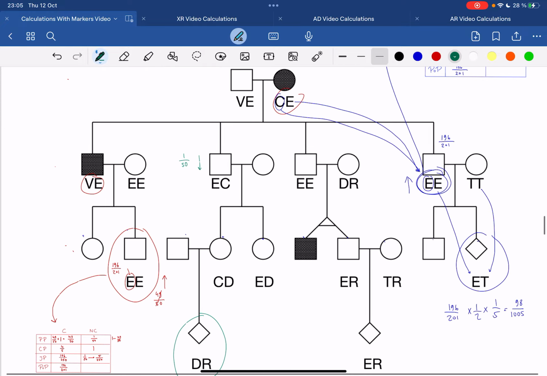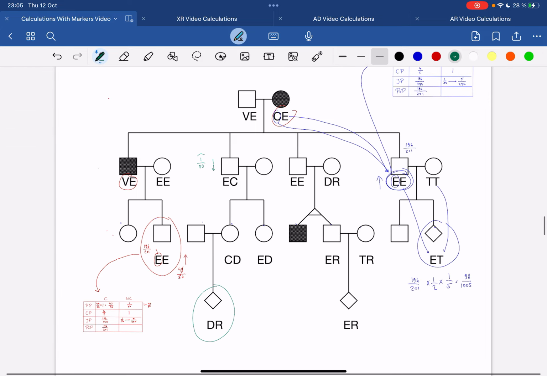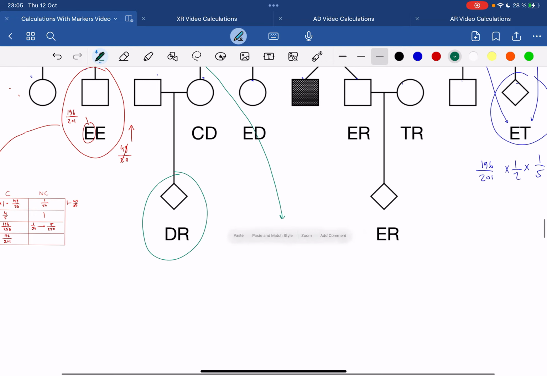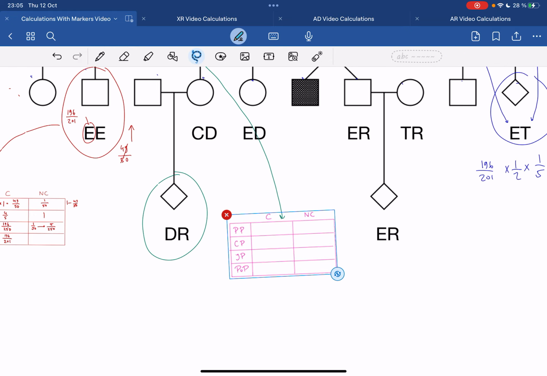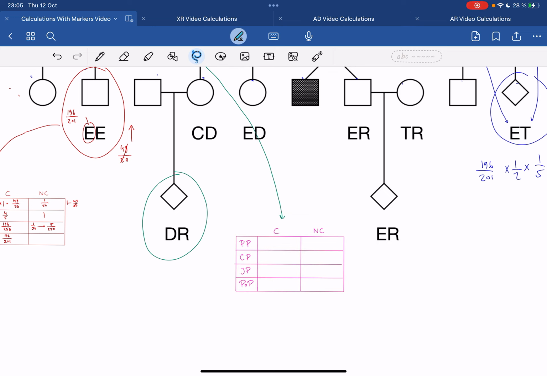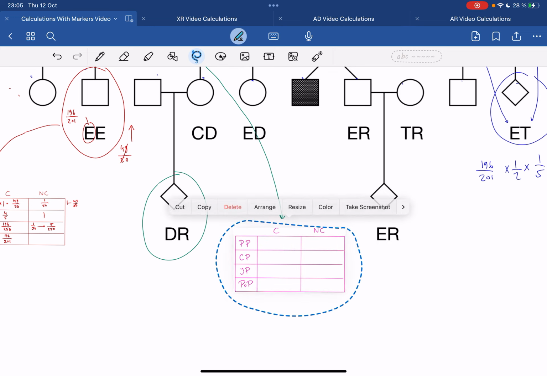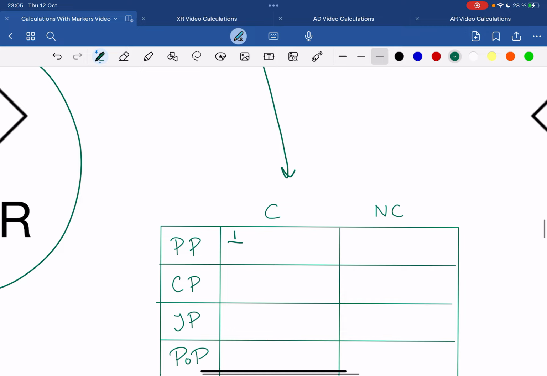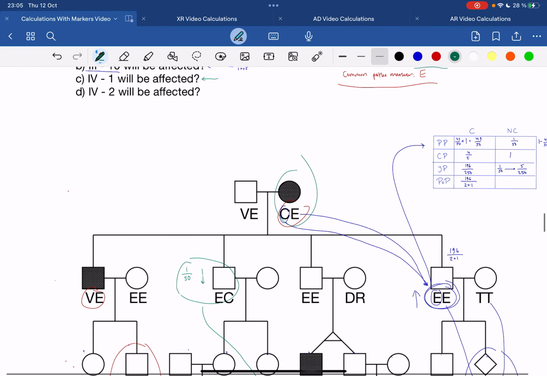And now we can do a Bayesian table. So let's start with this person right here. Color in green. So there's a 1/50 chance times the chance for the parent to be affected, and that is 1.